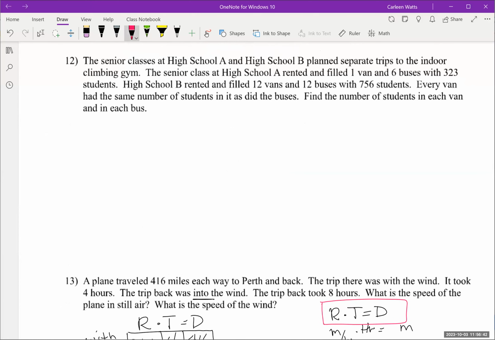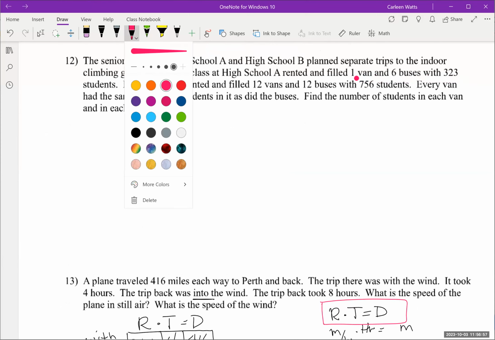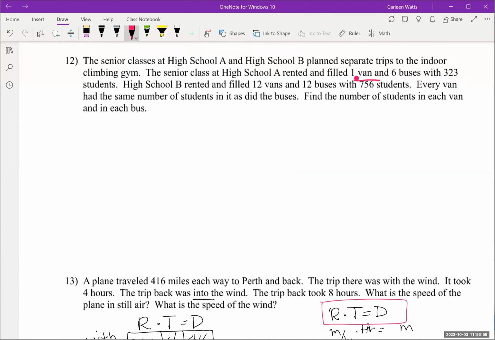Super friendly. High school A and high school B. One van and 6 buses. One van and 6 buses took 300. Oh, it was filled. Filled one van and filled 6 buses, 323 kids.